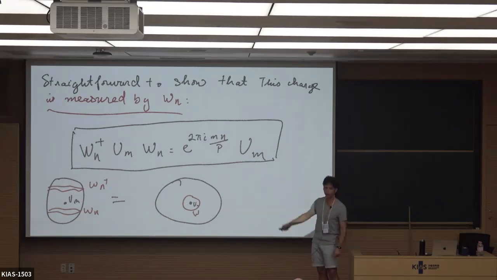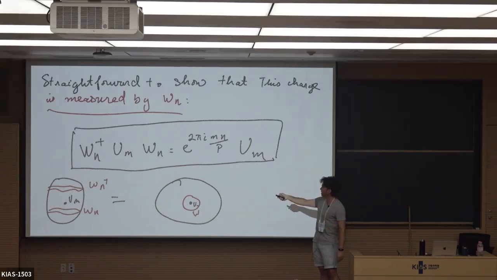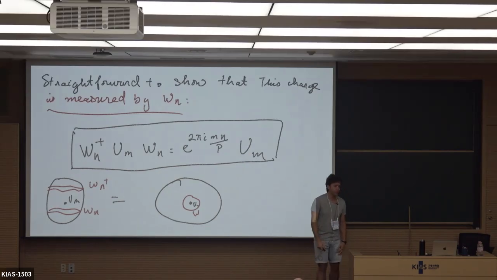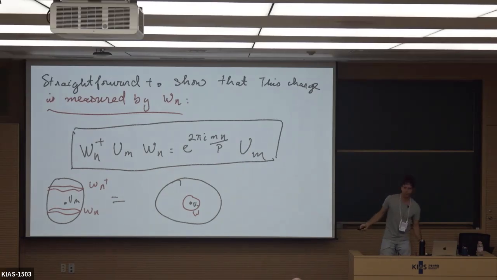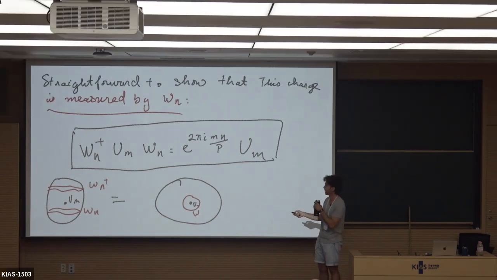So again, these W's are the topological operators that measure the charge of U_m. You can flip this equation around, actually, and see that U_m is a topological operator that measures the charge of the W operator. So the W is charged under a higher form symmetry, and its topological operator that measures the W operator's charge is U. So there are two symmetries, one zero form and one one-form symmetry. And these two operators are the charge operator of the other.